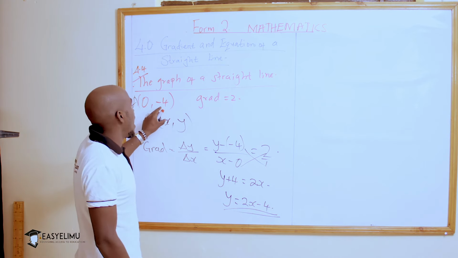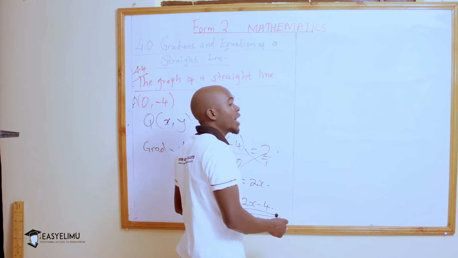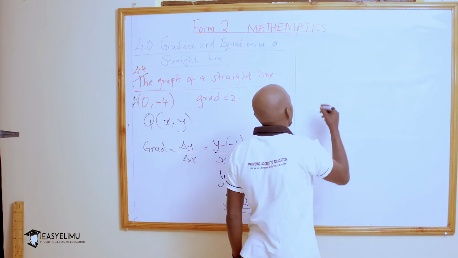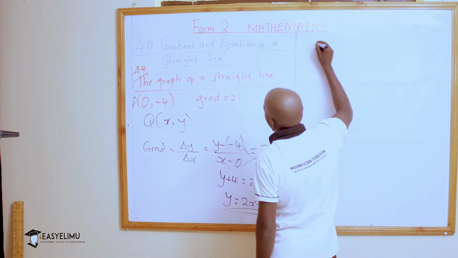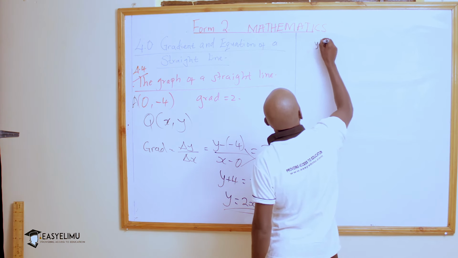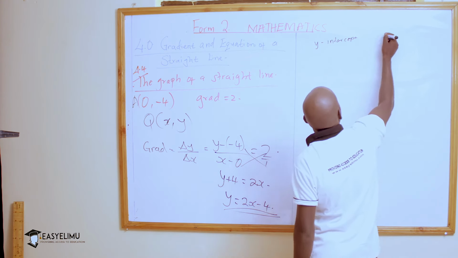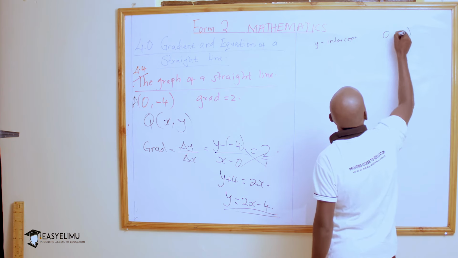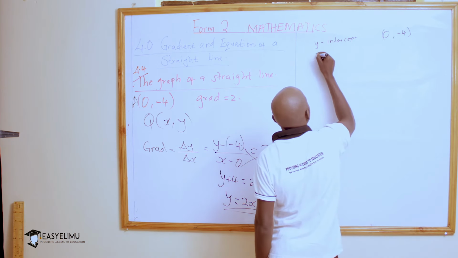Since we have this, we can construct it in 2 ways. The first way, you can first find the y-intercept, and the y-intercept there is (0, -4), and then you find the x-intercept.